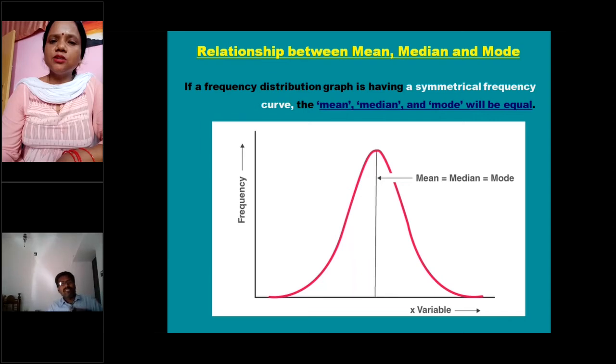And there is a relationship that exists between mean, median, and mode. This is the graph of the normal distribution. If the curve is symmetrical, then the values of mean, median, and mode will be equal.